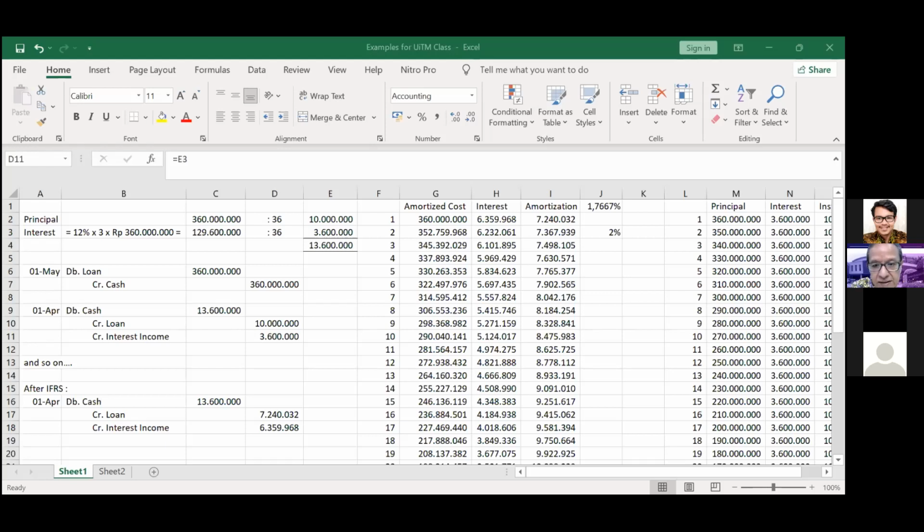After IFRS, the provision for loan losses is calculated by the impairment loss calculation. That is the difference between the present value of contractual cash flows and the present value of expected cash flow. If a bank gives a loan to a customer, they usually have a loan contract.